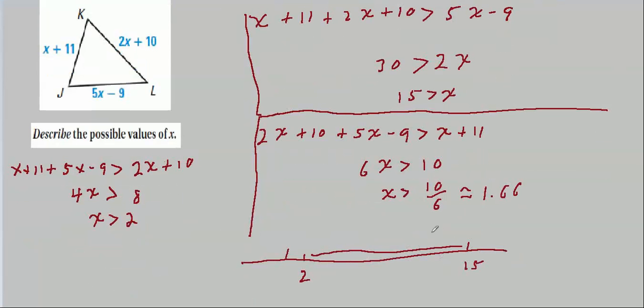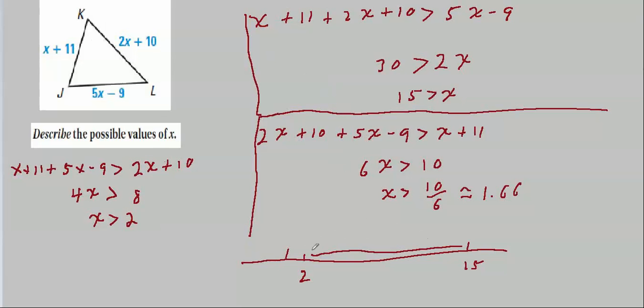All this is acceptable for X. Since we have the triangle inequality, it's called an inequality for a reason. We can't say that X is actually equal to something, not unless we have more information about what these side lengths actually are. So that's why we end up with an inequality.